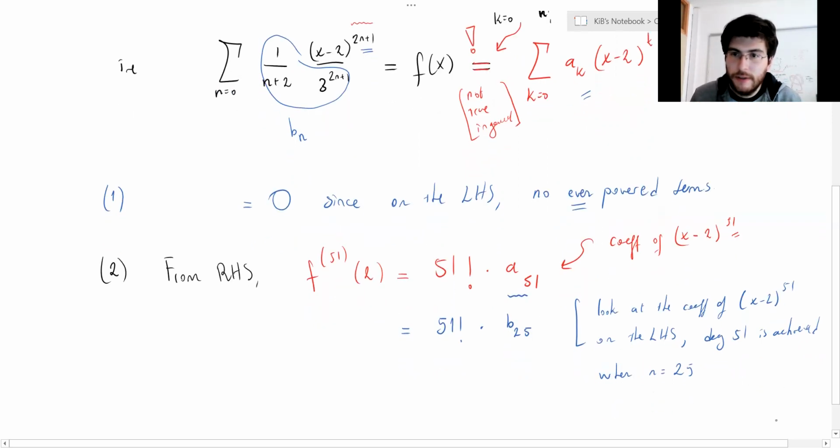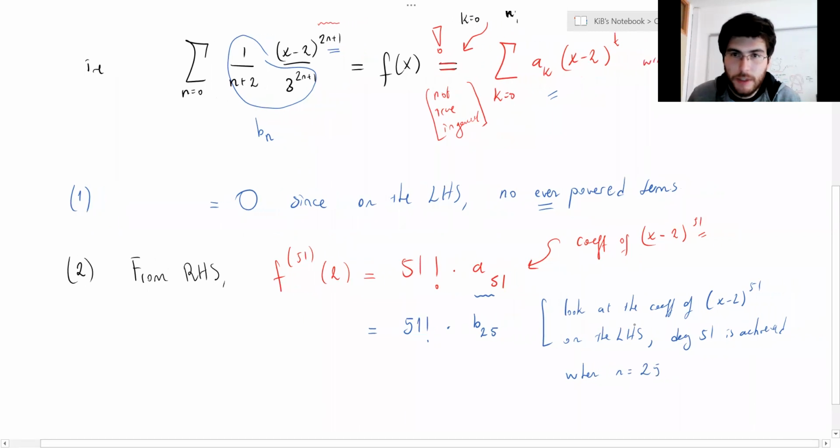There is a detail here, so we need to be careful. The indices are different, so in the left-hand side, the coefficient of the term with degree 51 is b25.